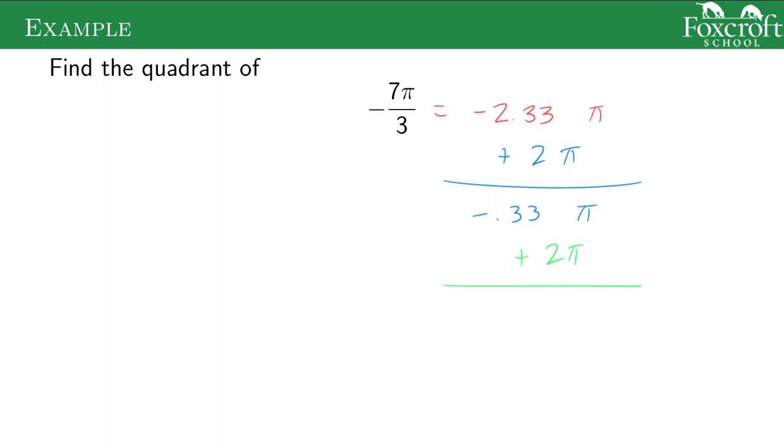And that gives me 1.667 pi. Now that it's a positive number, I know 1.667 is between 1.5 and 2, so that puts it in quadrant 4. All right, so very similar to the other ones. In this case, you add to get a positive angle, and then compare it to the quadrant angles that we know from before.